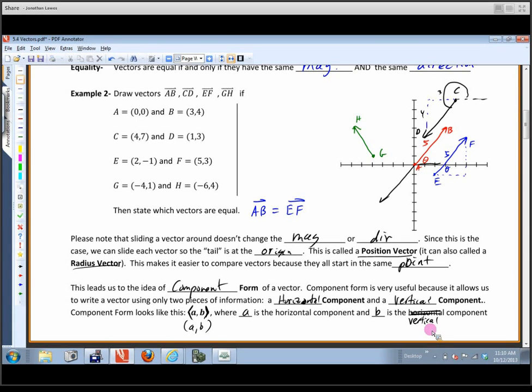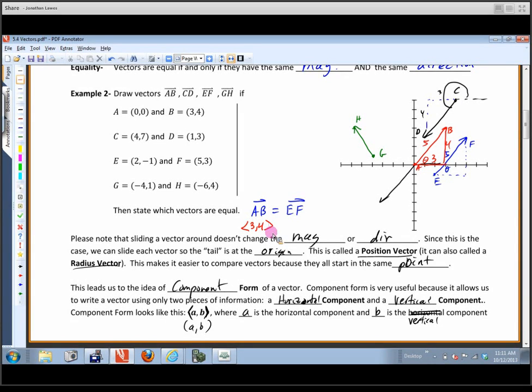All right, so let's take a look at vector A and represent that in horizontal and vertical components. Remember, we went over 3 units, and then we went up 4 units. So that's 3 for the horizontal, 4 for the vertical. So vector A would be ⟨3, 4⟩ in component form.